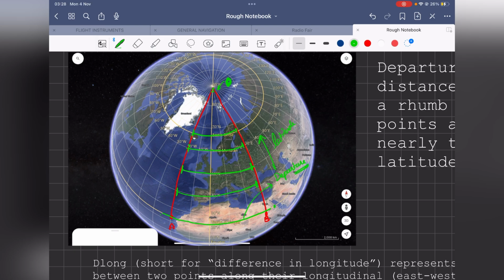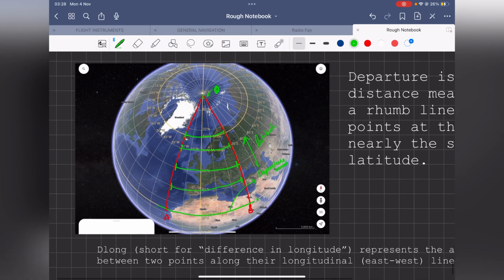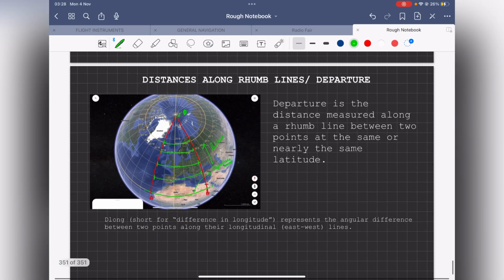So departure, if you realize, is affected by the latitude. The distance between the same two longitudes will be maximum at the equator, but if measured at the poles, it is going to be the least. So what do I realize from this?